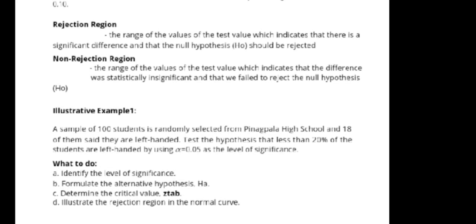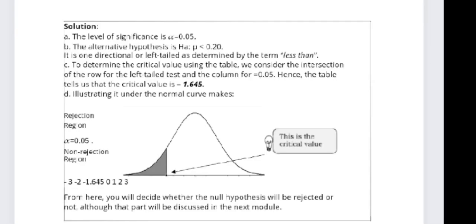So, let us try to solve. Here is the solution. The given level of significance is 0.05 or 5%. Then the alternative hypothesis is less than 0.20. Since it is less than, it is a left-tailed test.